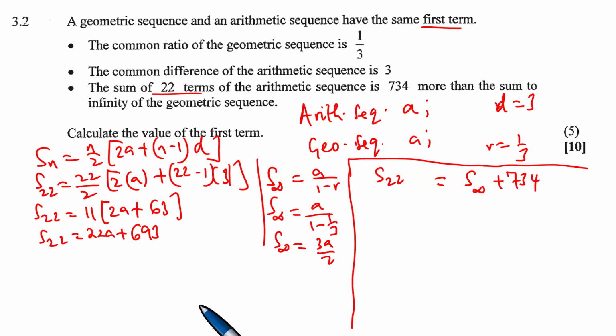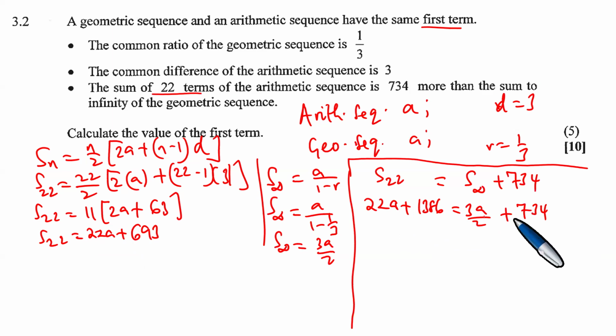Okay, this is good, and therefore we have the following. S22 is 22a plus 693, which equals 3a over 2 plus 734.